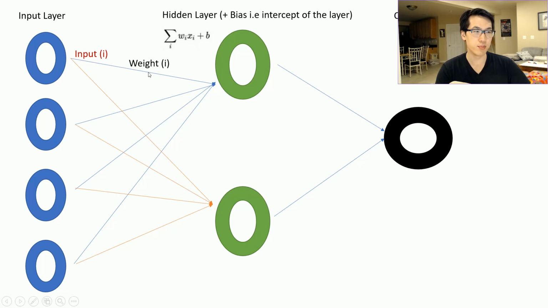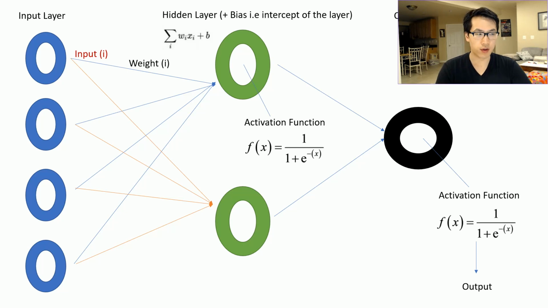You multiply your input by the weight at your ith connection, your i plus 1, i plus 2, i plus 3, and i plus 4, and then you just sum them all up and you have one single number. You pass this single number into an activation function. In this case, the activation function I'm using is a simple sigmoid. It just squeezes your numbers down to a certain range, in this case 0 to 1.